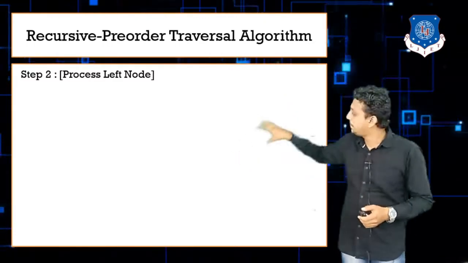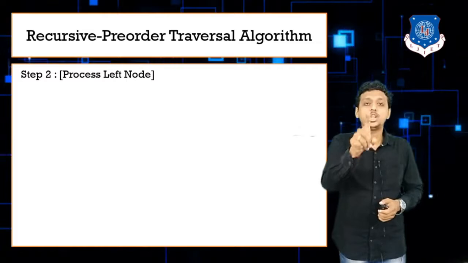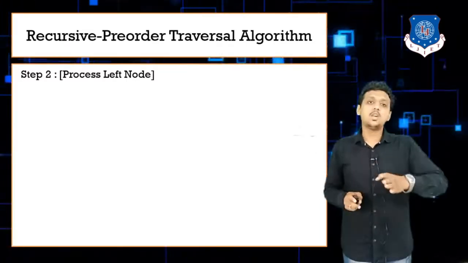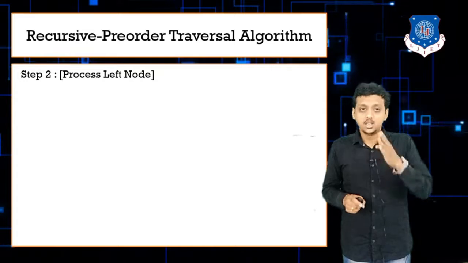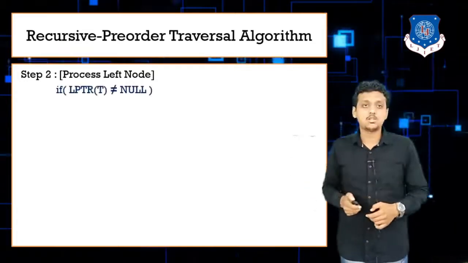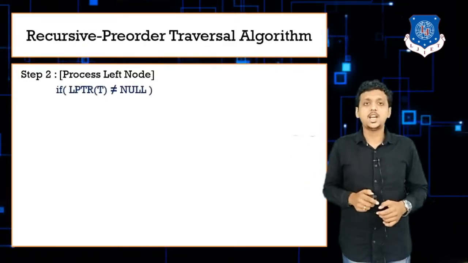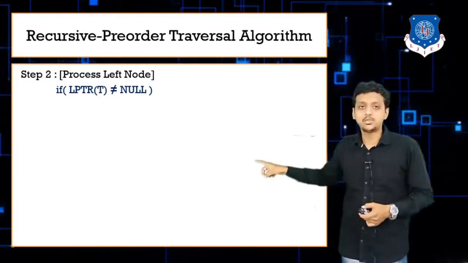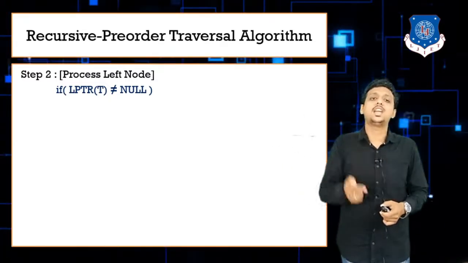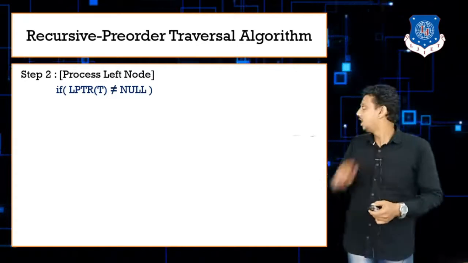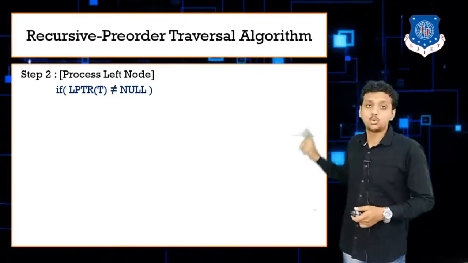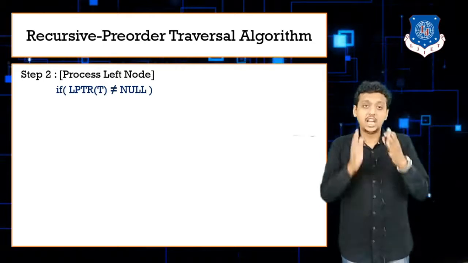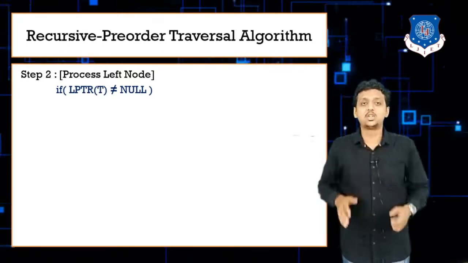Then the LPTR, that means the left pointer of that node, should point to null. So as you have already checked for the tree, here you need to check for the left pointer also. If my LPTR of T is pointing to null, that means there is no node on the left side, and you can move directly to the next step. But it's not always like that. If your LPTR of T is not equal to null, it means the left child exists, then what to do?